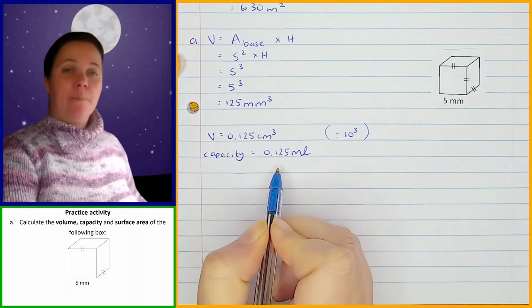Okay, so now if I go and fill in my values, it's going to be 2 times 5 squared plus 4 times 5 times the height, which is the distance between the two ends. It's also 5. So over here I've got 2 times 25 plus 4 times 5 times 5 is 100.